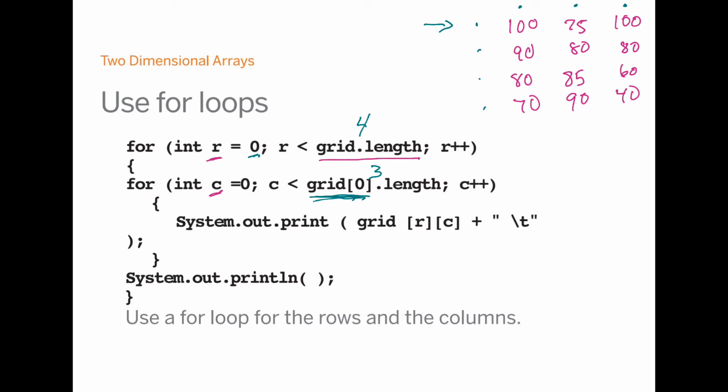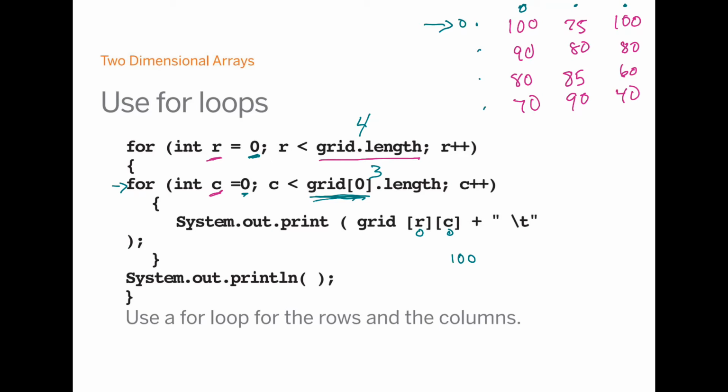So this exact thing would print r is 0, c is 0. So it's going to print 0, 0. We want row 0, column 0, and it's going to print 100. And then it's going to tab, and it's going to continue this loop right here.